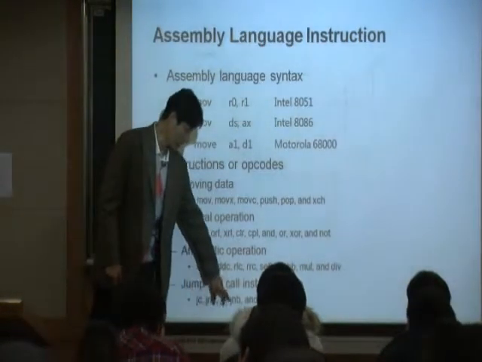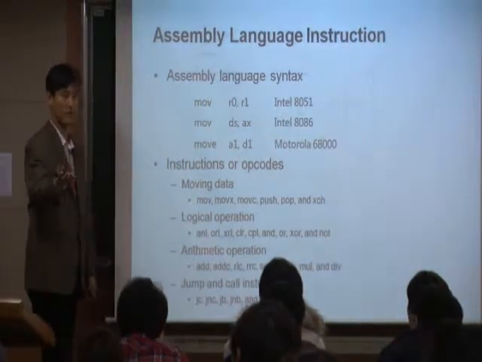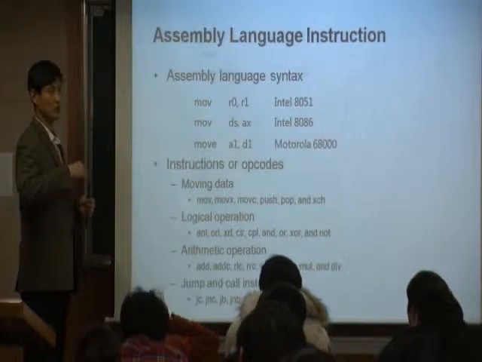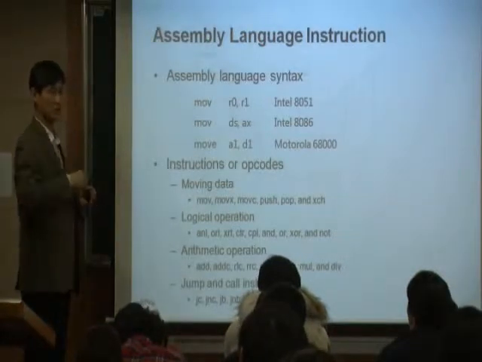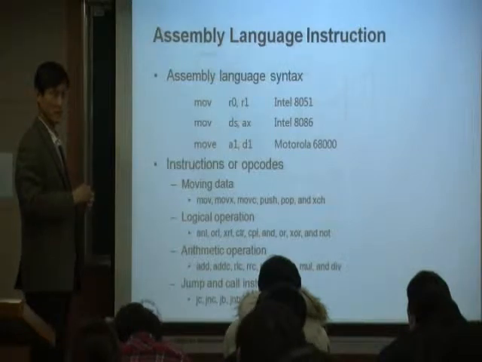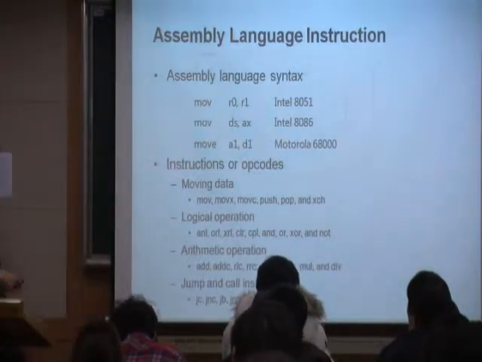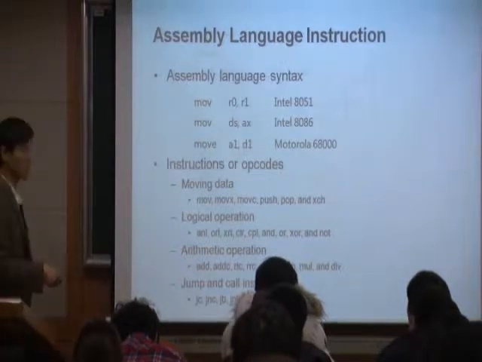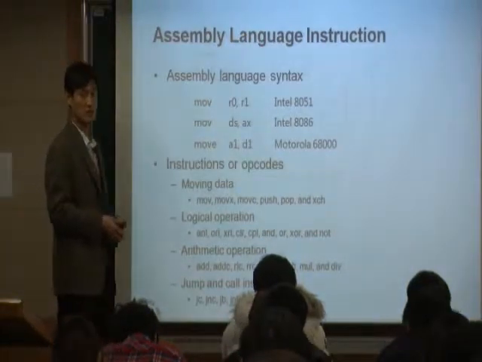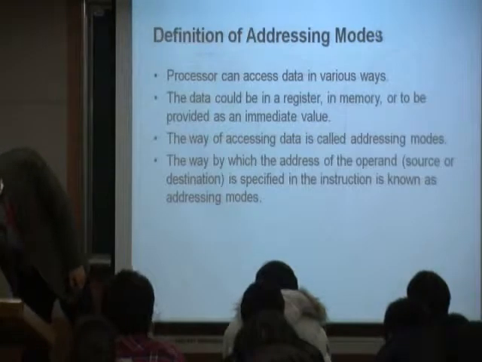JC, JNC, JB, JNB, and JBC, all these things are different conditions. When you do a jump, sometimes you can do just jump, or sometimes you can do jump only when this condition is met. Okay, conditional jump. There are some of those things. So we'll cover those things. So what you want to remember is that there are 4 different categories of instructions, right? We're going to look at those things.